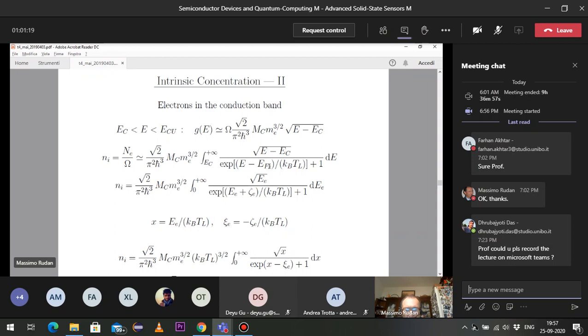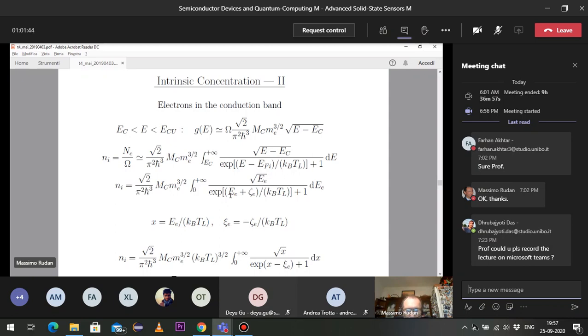And you remember we made some replacement in the exponent. So we have that the argument of the exponential is E_e plus z_e. In the integral, of course, we integrate over the kinetic energy E_e, so z_e is a constant parameter, okay?